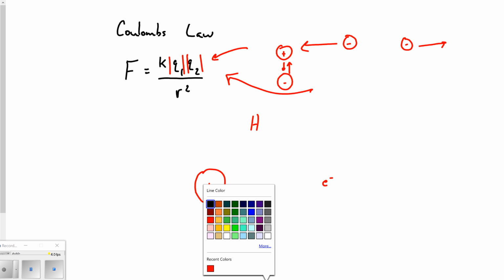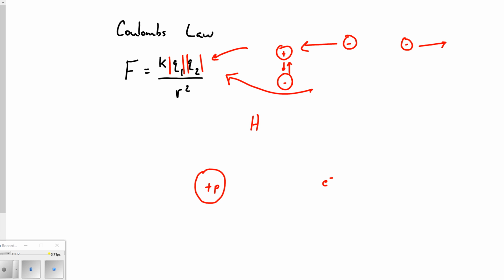On average, in an atom like hydrogen, this distance of separation is on the neighborhood of 5.3 times 10 to the negative 11 meters. So not a very large gap here.